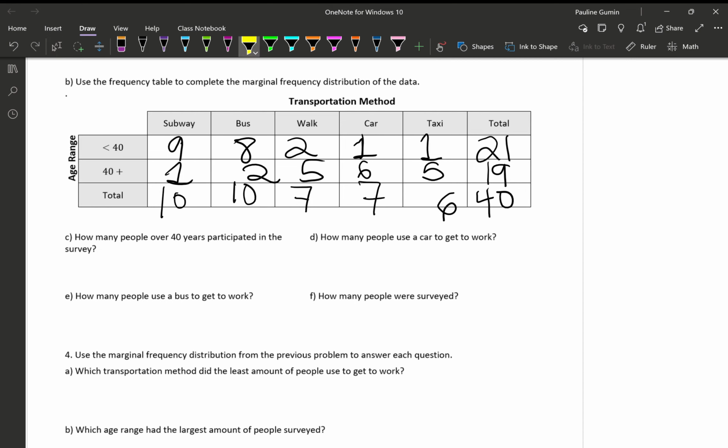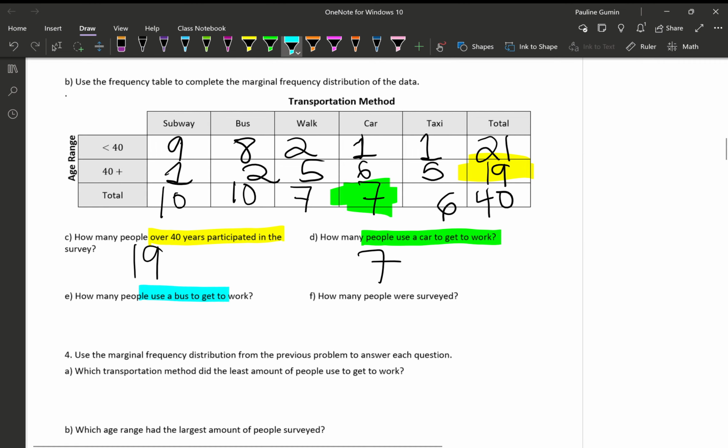C. How many people over 40 years old participated in the survey? All right, well, age range 40 plus is the second row. I'm going to find the total, 19. Letter D. How many people use a car to get to work? Okay, so we're finding the car column, and I want the total number of people. 7.